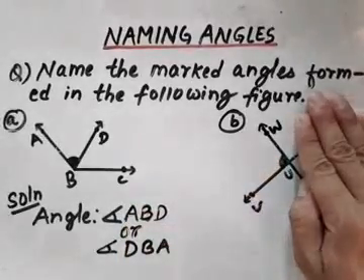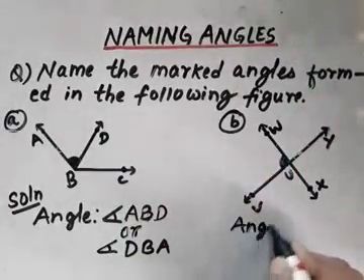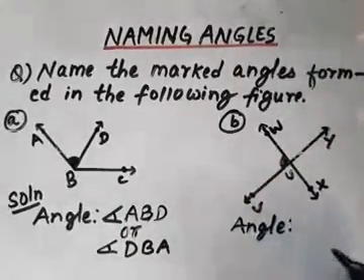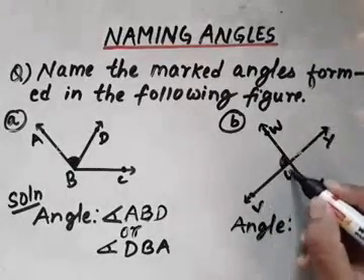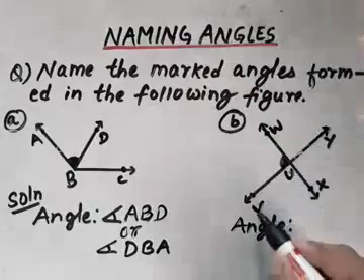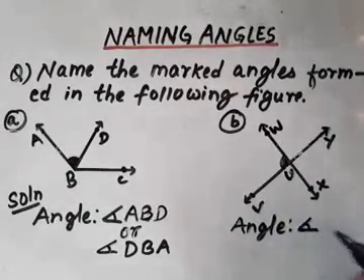So let's write the name. As U is your vertex, at first you have to show the symbol of angle.